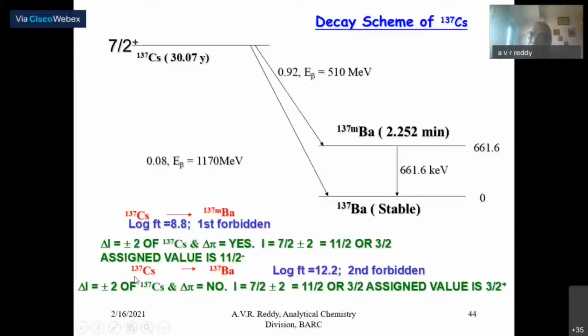And the assigned value is 11/2. And in fact, we can arrive at the spin and parity value of this source nucleus. These are some of the things, just to get a feel I am telling. I am not going into the details, cannot go into details at this stage.